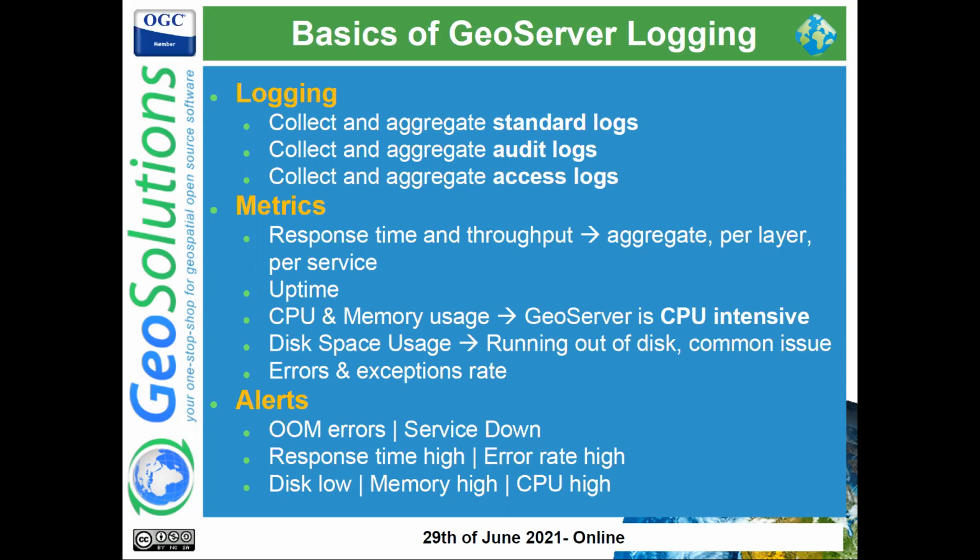Errors and exceptions rate, that's also important to look at. If you're thinking about looking for errors just by looking at access logs and HTTP status codes, that's not enough. By OGC standards, GeoServer usually logs exceptions in the response of your request.